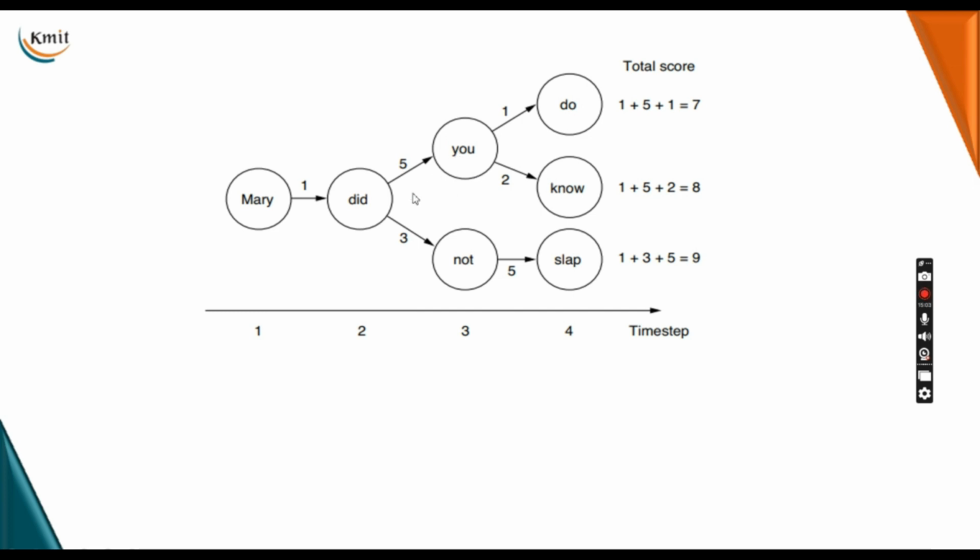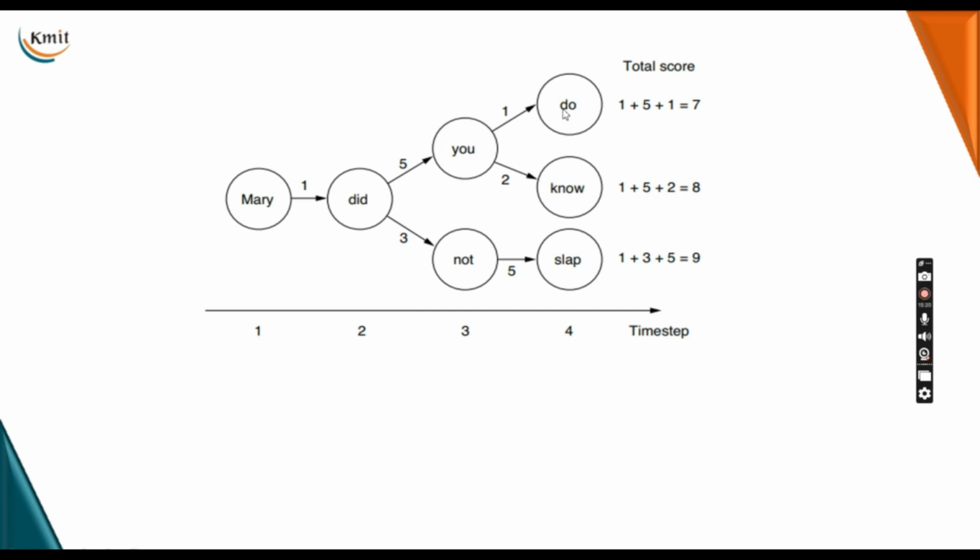Now you has a score of 5 and not has a score of 3, because all it does is pick the one with the highest score. We will pick you, Mary did you, because it has the highest score, and then move on.